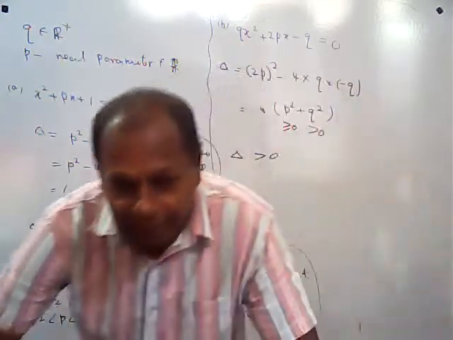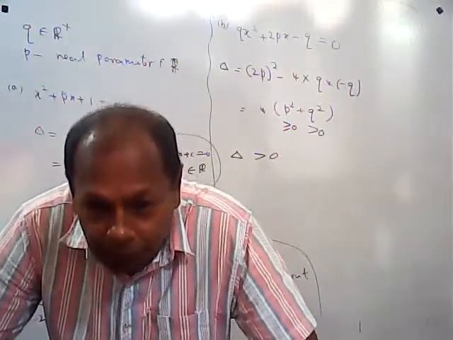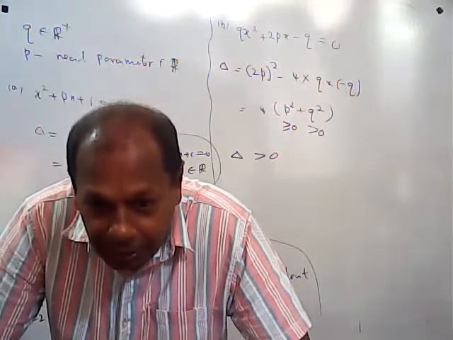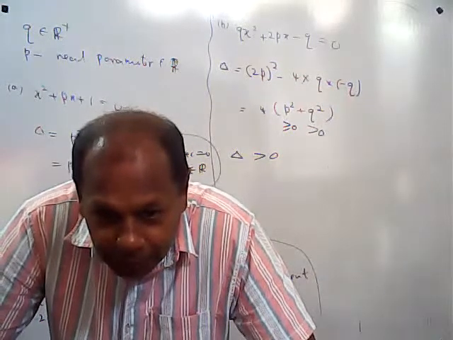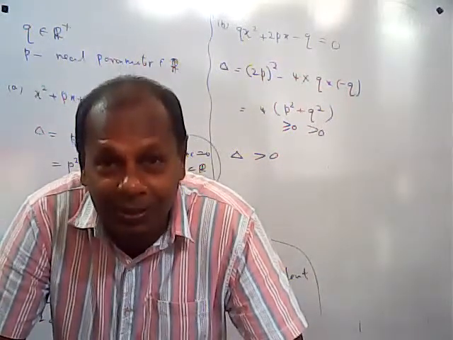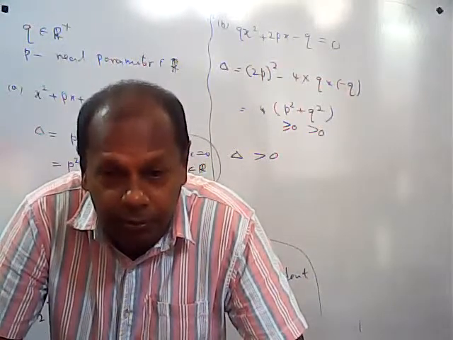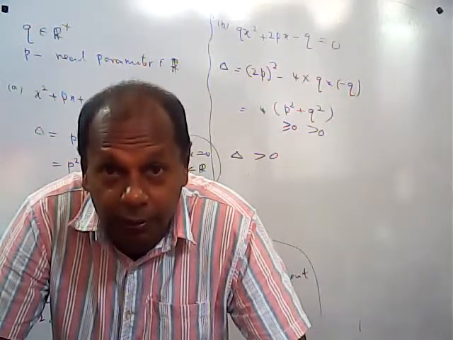So the answer 'never negative' is also wrong. Never negative, distinct and coincident. That is also wrong, it cannot be coincident. So there is a mistake in all the answers you gave. Do you agree with me? It is strictly positive, not greater than or equal to 0.